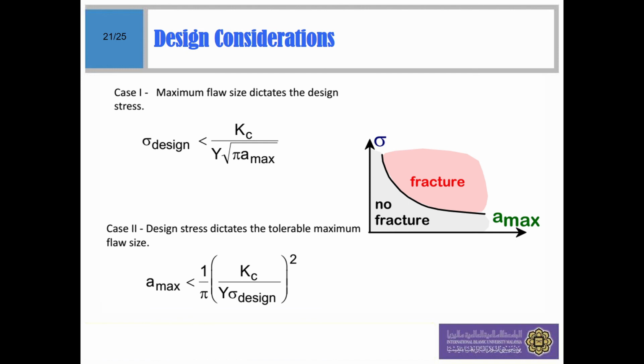So sigma design should be less than Kc, the fracture toughness, or we say the critical fracture toughness, Kc, divided by Y times square root of pi a max. Once you apply this, you need to make sure that your design is always below this parameter. Only then will you get no fracture within that limit.